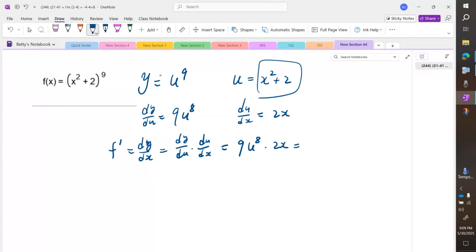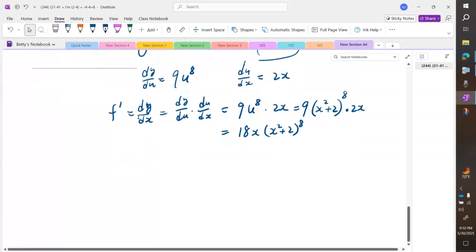And what is u? U is this binomial. 9 times (x squared plus 2) to the power of 8 times 2x. And that gives 9 times 2 is 18x (x squared plus 2) to the power of 8.